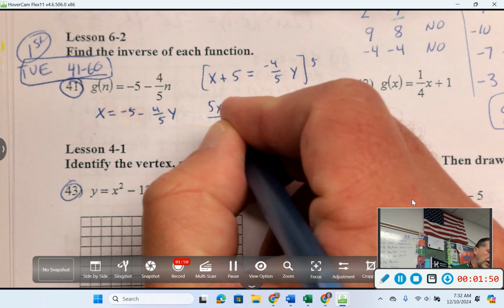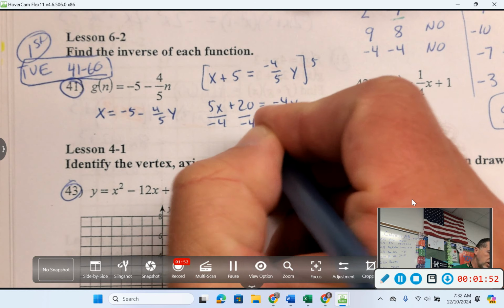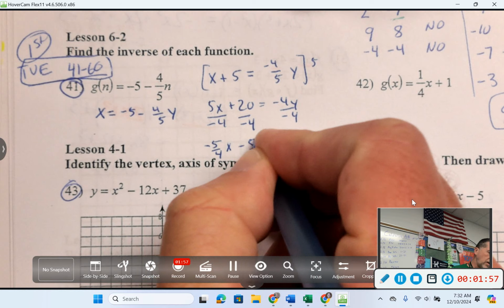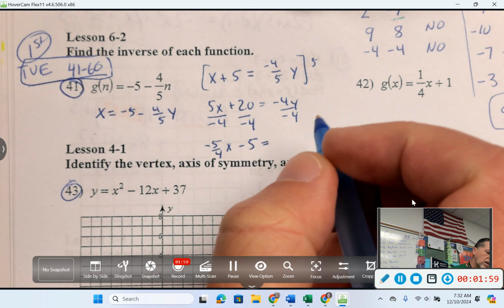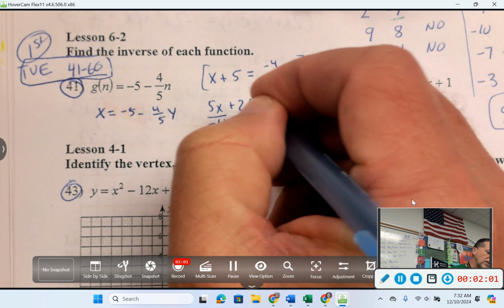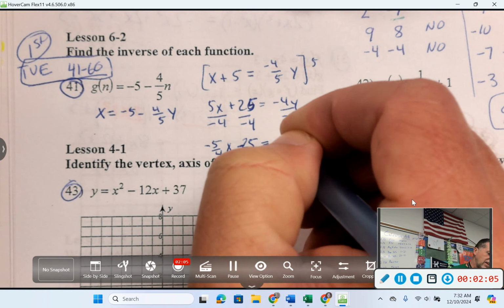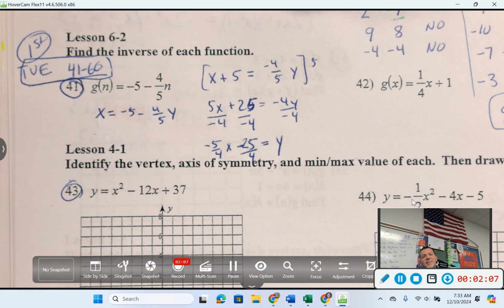Let's divide by negative 4. So negative 5/4 X minus 5. How'd you get 20? Because 5 times 5 is clearly 25. Just wishful thinking, I guess, that I could divide later.